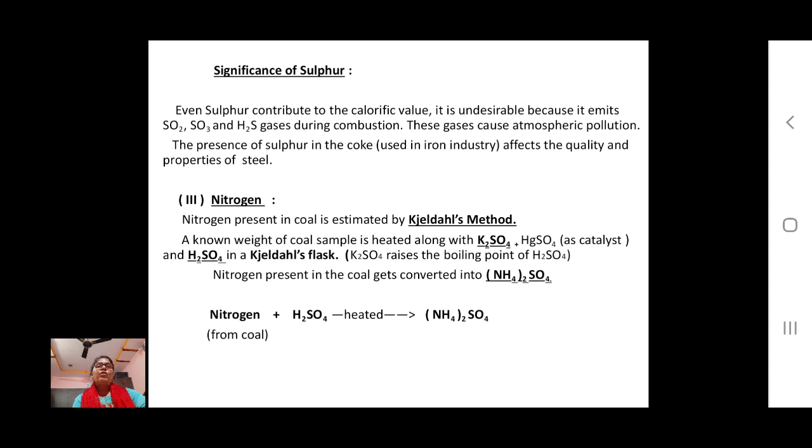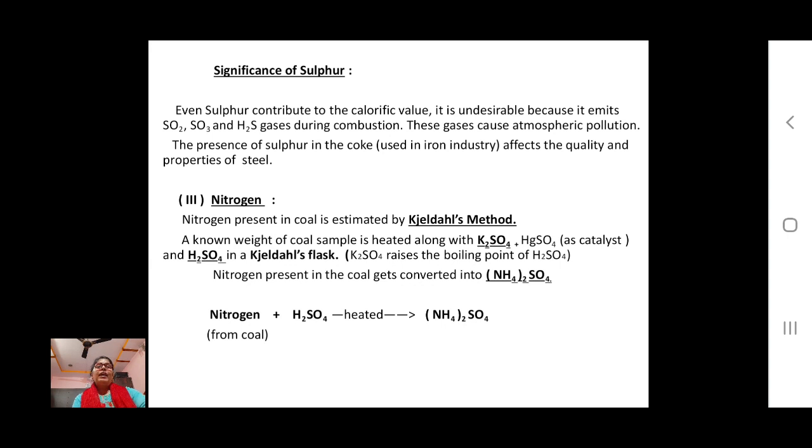A known weight of coal sample is heated along with potassium sulfate and mercury sulfate, somewhere it is written just mercury, as catalyst, and sulfuric acid in a Kjeldahl flask. The flask used here is named the Kjeldahl flask. The role of potassium sulfate is to raise the boiling point of sulfuric acid.